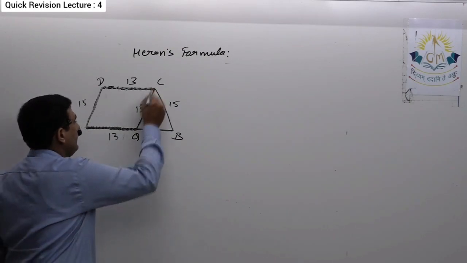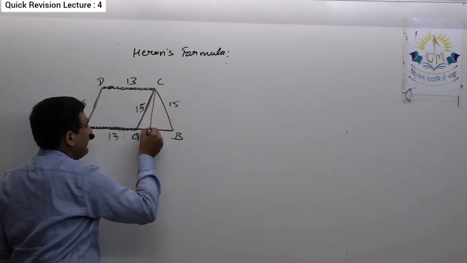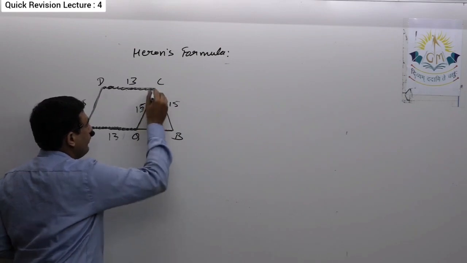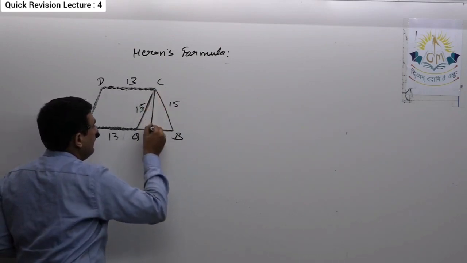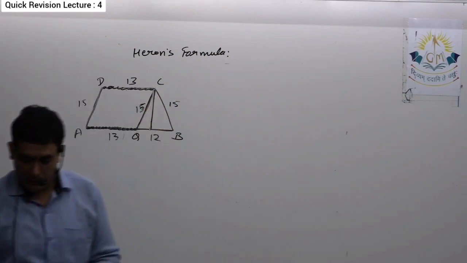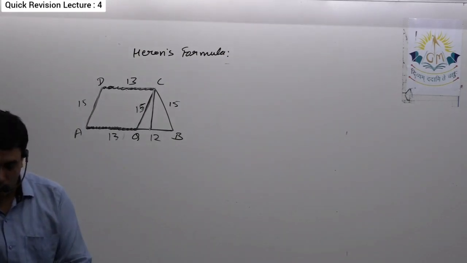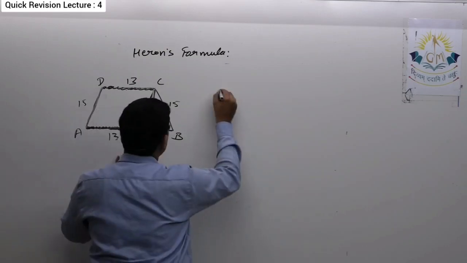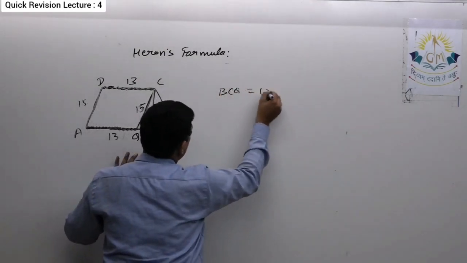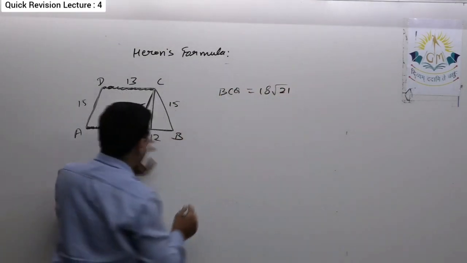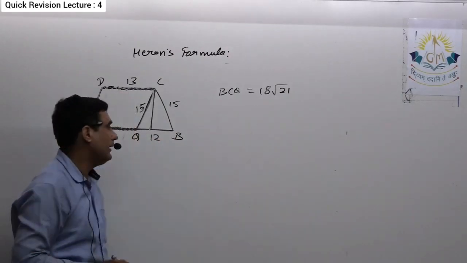Now here I got a triangle. I can find its area by Heron's formula. Its area when I find will be 18 root 21. Okay, area of BCQ will be 18 root 21. When you find it with the help of Heron's formula, you will get this area.